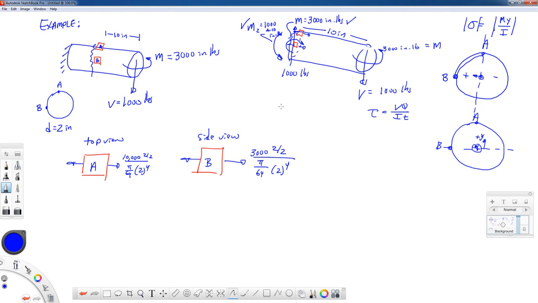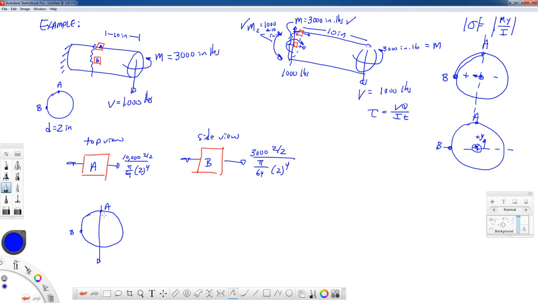Alright, so let's draw the cross-section again, and let's show this force V on the cross-section. You can look at the front side or the back side, it doesn't matter. I'm going to draw the arrow coming down here, and here's point B, and here's point A. Now remember how this VQ over IT formula works.